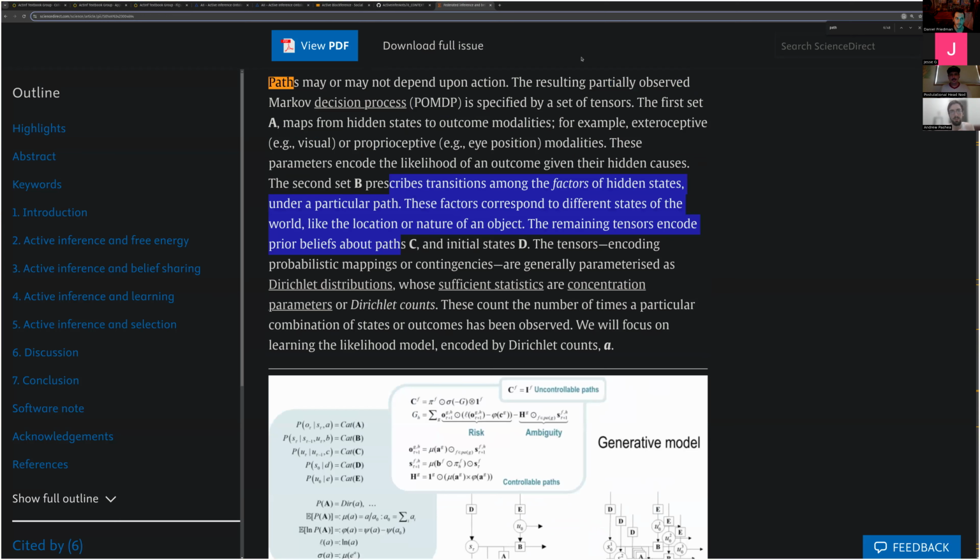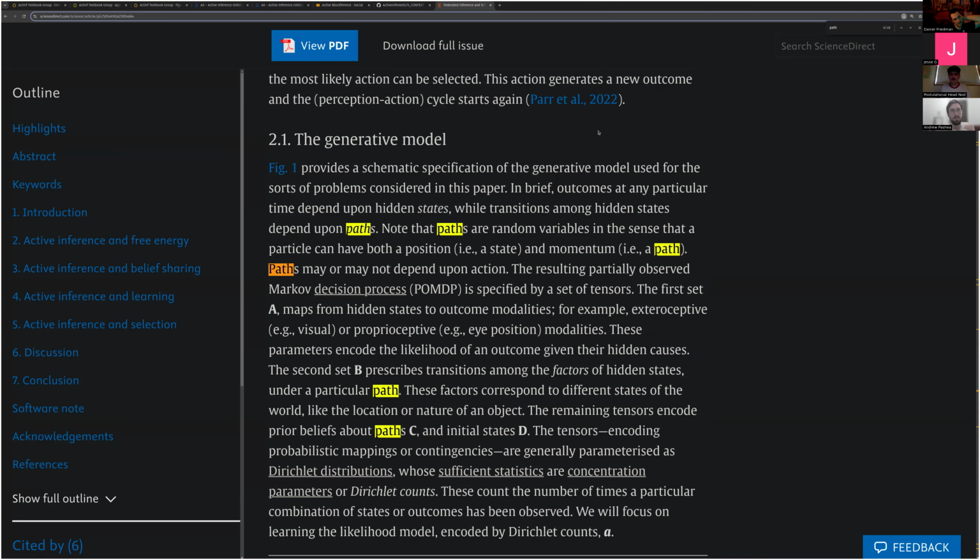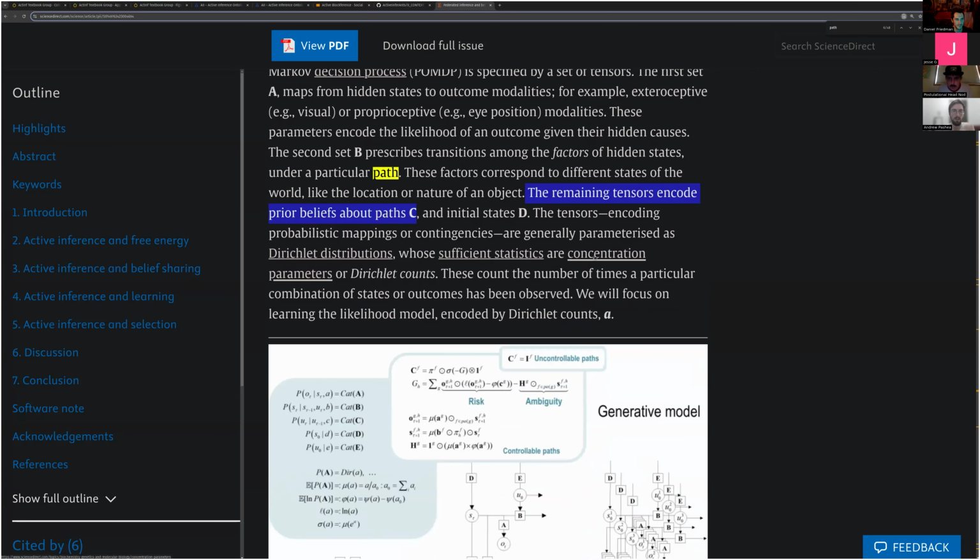What was interesting is that when you did the control F and it highlighted all of them, the last path highlight there in that paragraph, the full sentence: the remaining tensors encode prior beliefs about paths C and the initial states D. And I think that brings up another interesting point of trying to parse through the terms.